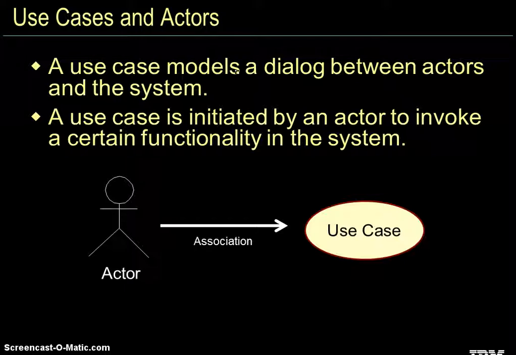That particular association we represent pictorially using a single directed arrow. Those are called use case associations. That is what we have illustrated. We have a simple actor, and he has an association with one use case. What the possible use cases and possible actors could be, we will see in the next slide.